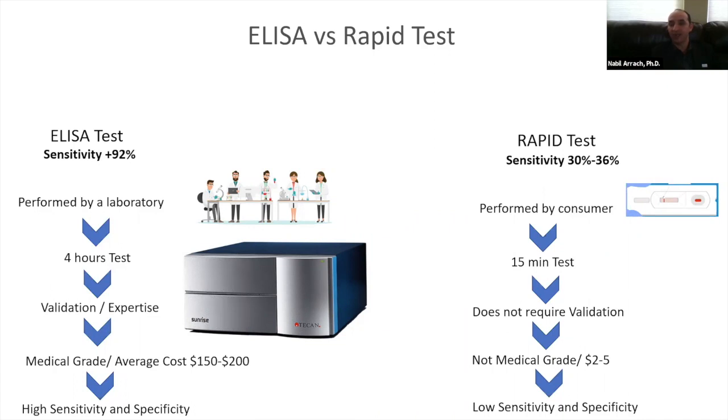So what is that quality that we're talking about? When we look at price, obviously the chips are maybe $2 to $5 a chip, so it's not very expensive. A test can cost $150 to $200, so it's substantially higher cost, but then you're going to get a better accuracy and sensitivity.